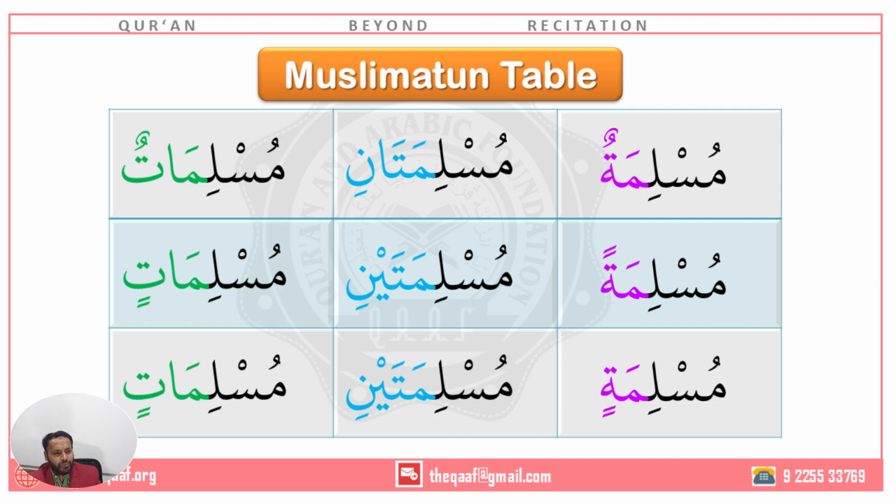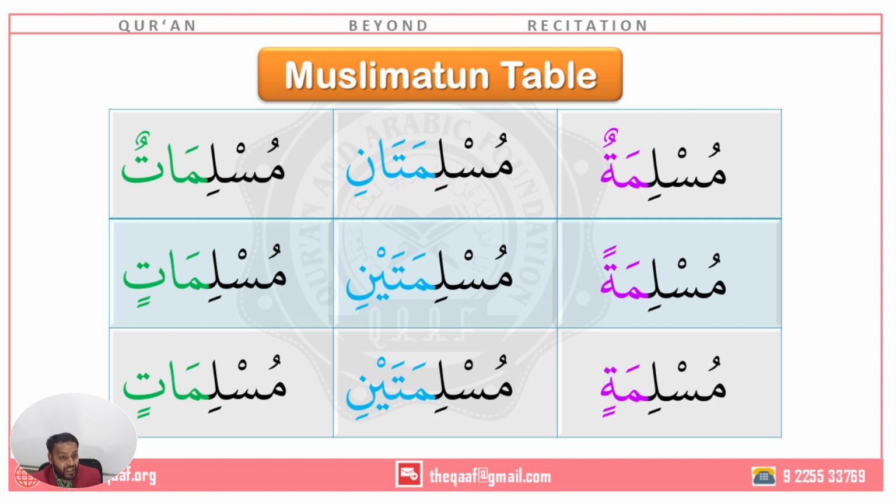So if Muslimun becomes Muslimatun, what will Musliman become? Muslimatan. It is Muslimatan, not Ramzan, I know that. But this is Muslimatan. Muslimatun, Muslimatan. So obviously the third will be Muslimatin. Yeah. So Muslimatun is Rafa, singular, female. Muslimatan is Nasb, singular, female.